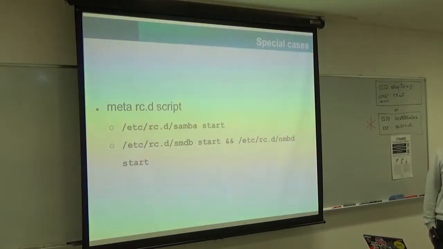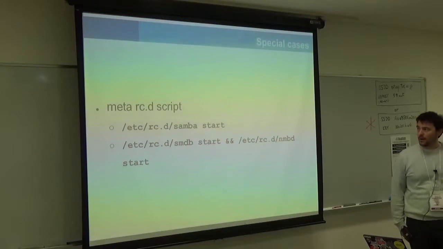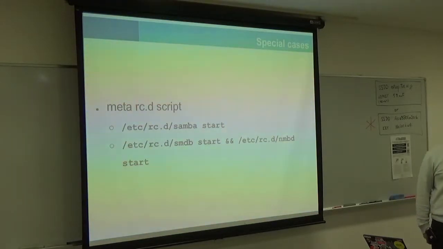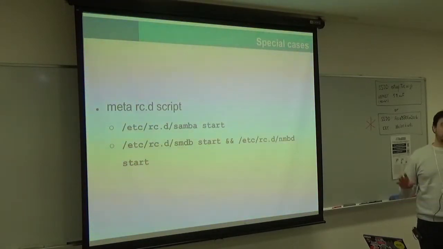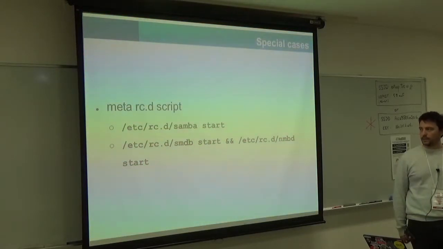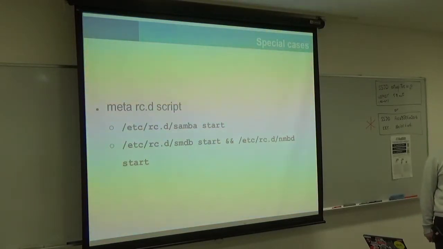There's a few special cases that we have to handle. There's a few applications, a stack of applications really, that come with a whole bunch of different daemons to be able to work. Samba is an example. Samba is only 2 or 3 daemons, that's not so bad. But there's stuff like Zarafa, the groupware solution, where you have like 6 or 7 different daemons.